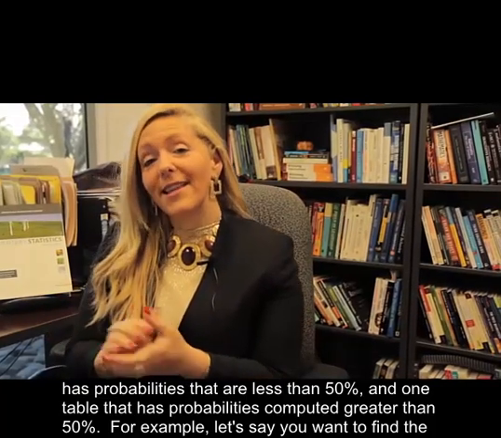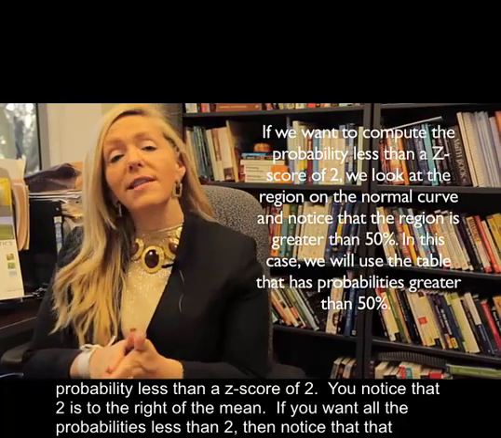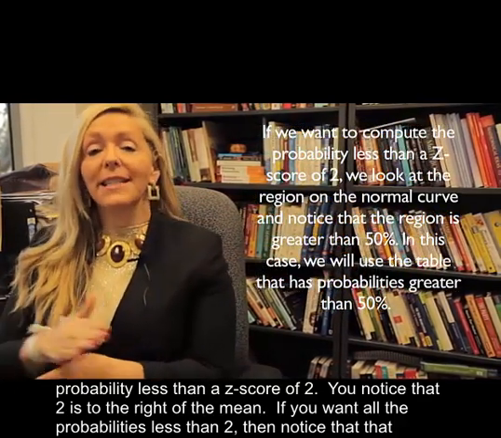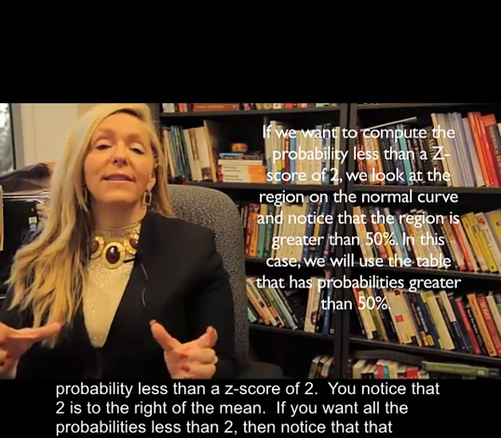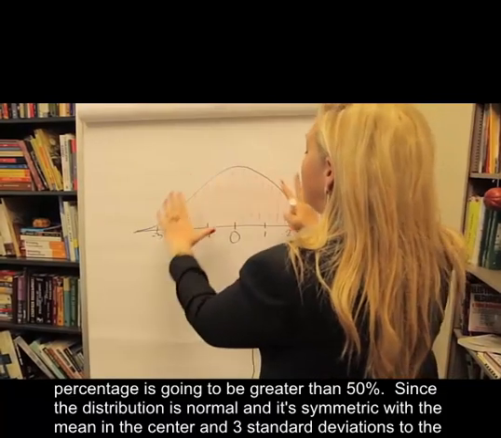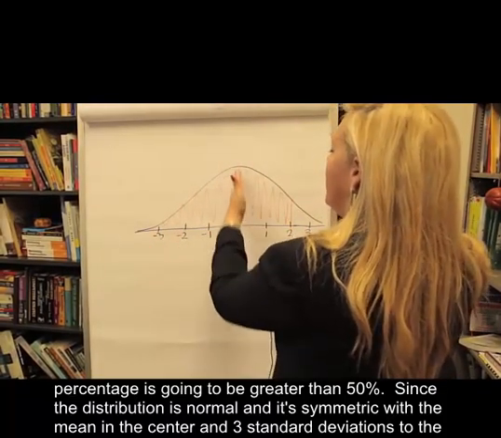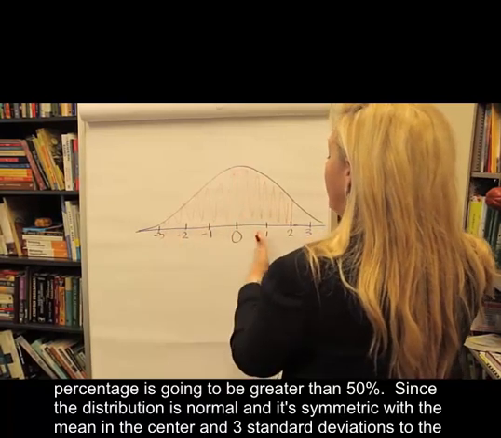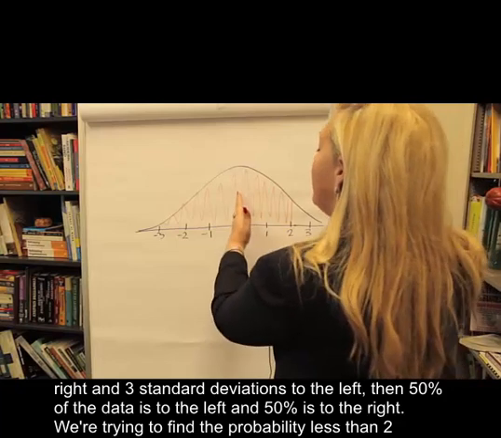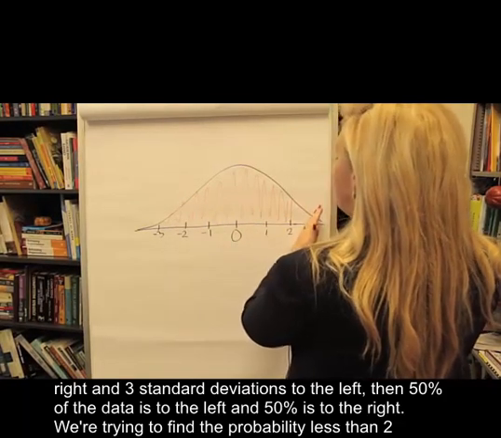For example, let's say you want to find the probability less than a z-score of 2. You notice that 2 is to the right of the mean. If you want all the probabilities less than 2, then notice that that percentage is going to be greater than 50%. Since the distribution is normal and symmetric, with a mean in the center and 3 standard deviations to the right and 3 standard deviations to the left, then 50% of the data is to the left and 50% is to the right.